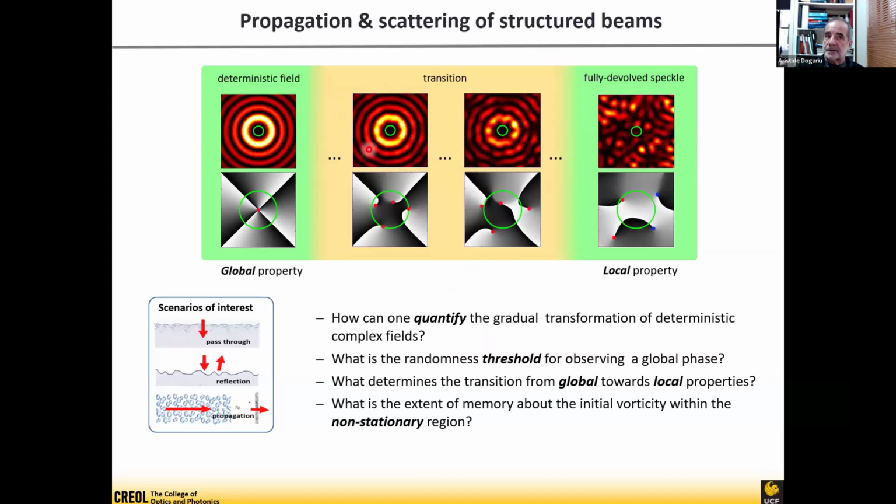The fact that I can structure the field so exquisitely, because on propagation it actually destroys at a rate that is carrying information about the medium, right? So between a deterministic field and a fully developed field, there is an entire range of optical propagation conditions.